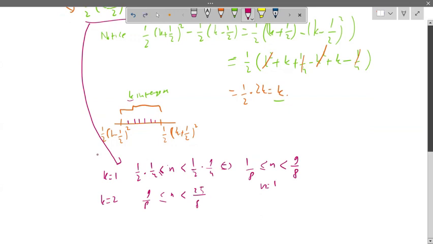Now, how many integers are between these two numbers? Well, this is 1 point something. It's not really important. This is 3 point something. So how many integers are between these two numbers? Well, there are two values, 2 and 3. And these are exactly the integer solutions of n that satisfy the inequality when k is equal to 2.